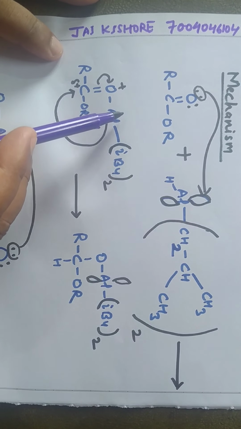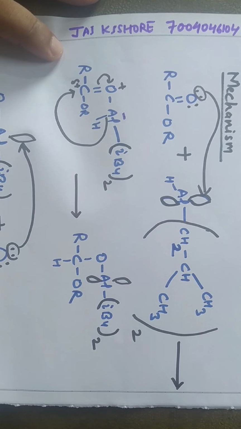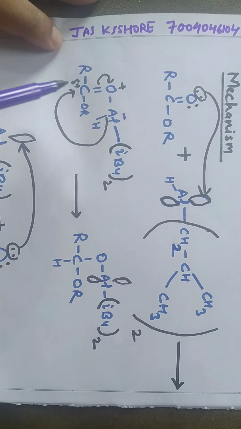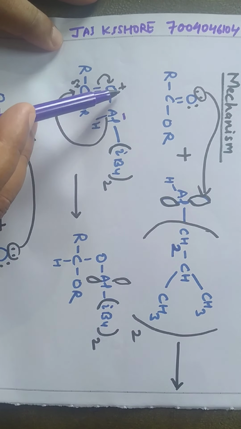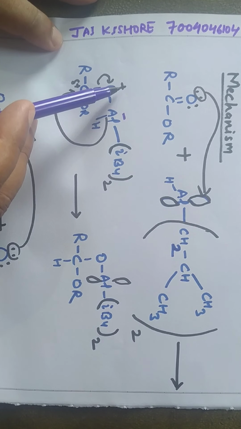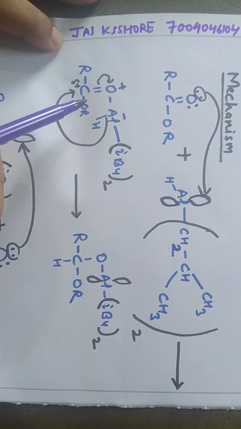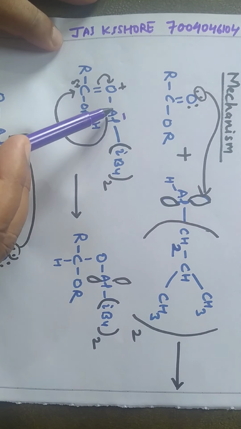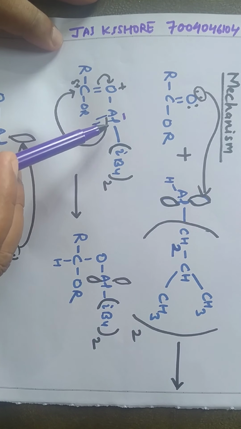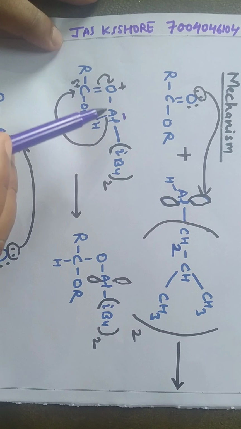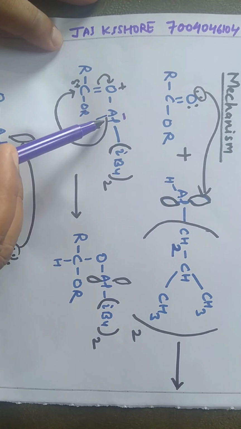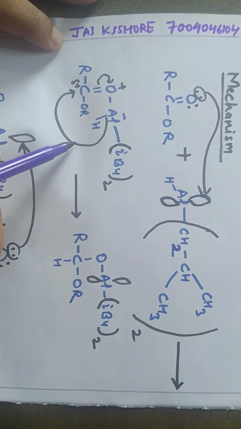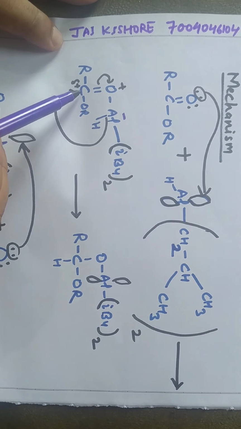Aluminum has taken the electrons, therefore it becomes negatively charged. Now oxygen is an electronegative element and it has a positive charge, and aluminum is negatively charged. In order to neutralize its negative charge, what will happen? The hydride ion will shift to carbon.